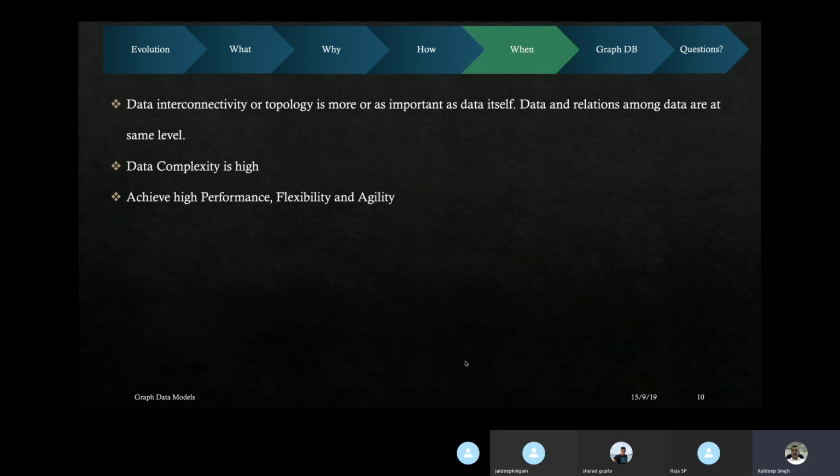When should we use a graph data model? When data interconnectivity is quite important. Social networks and other things are examples where the relationships are also important. You cannot leave out relationships and just focus on entities.